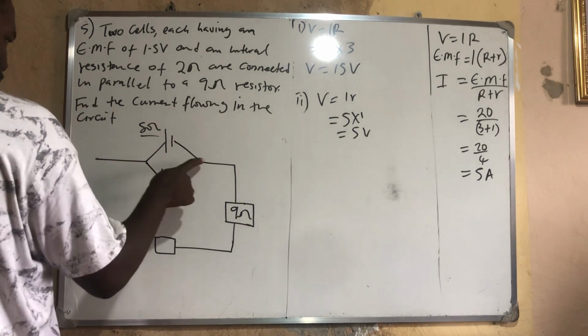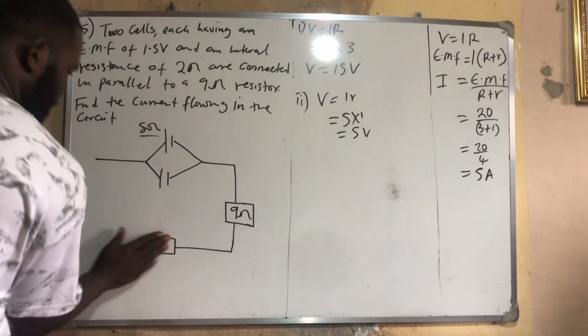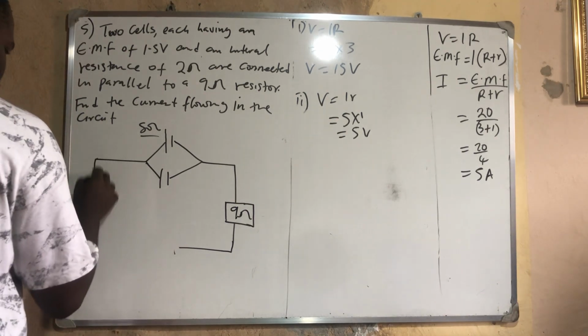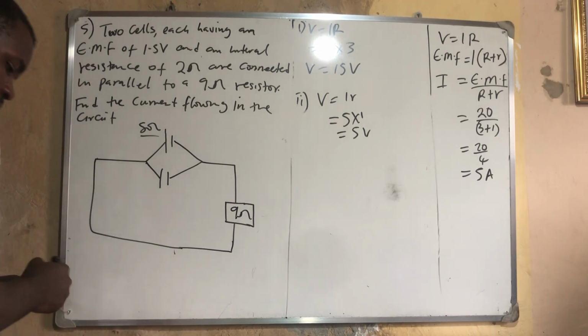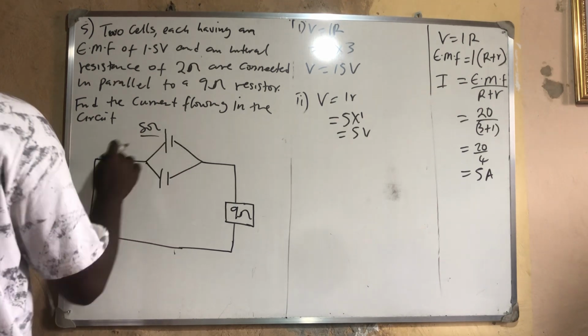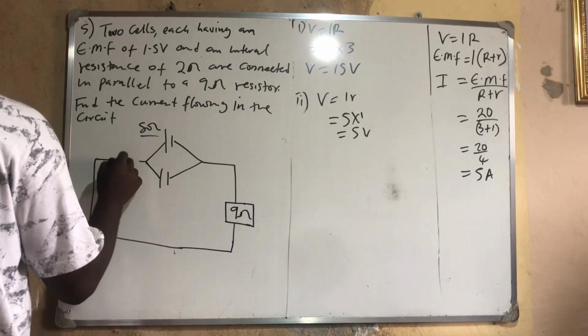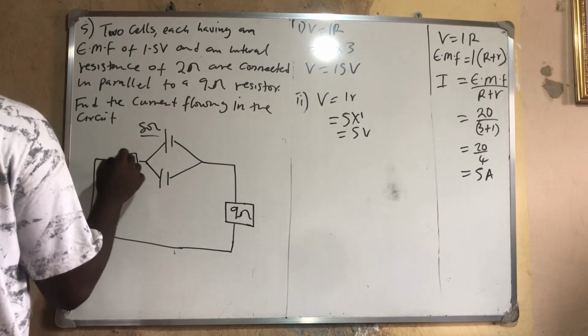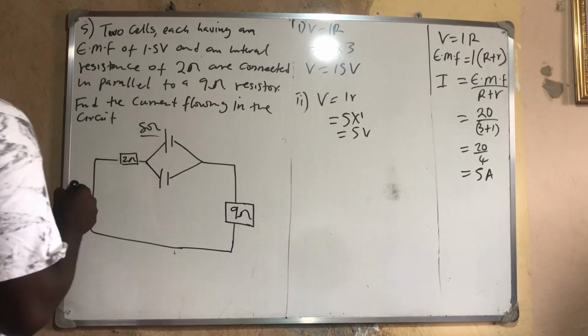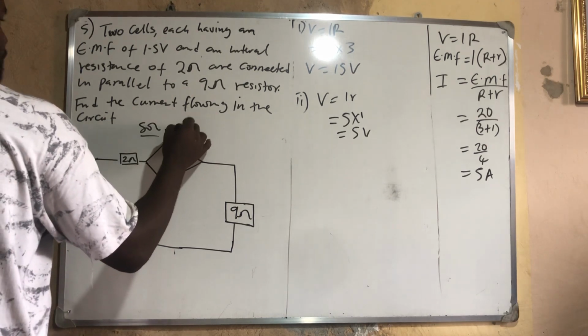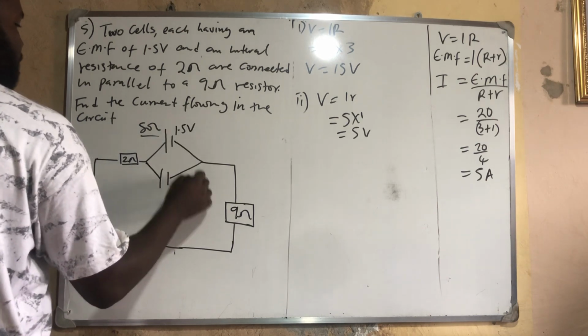Then they said that I have an internal resistor. That internal resistor should be somewhere close to them, which is 2 ohms. I have 1.5 volts and another 1.5 volts.